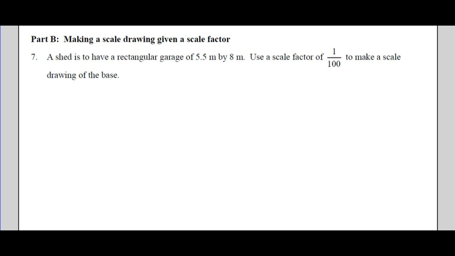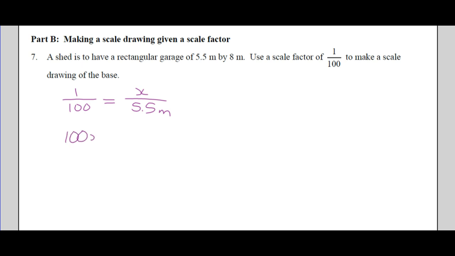So if you've got the scale factor you want to draw, then you have to know how big to make things. A shed is to have a rectangular garage of 5.5 meters by 8 meters. Use a scale factor of 1 to 100 to make a scale drawing of the base. So you say, I need 1 to 100 to be equal to x over 5.5 meters.